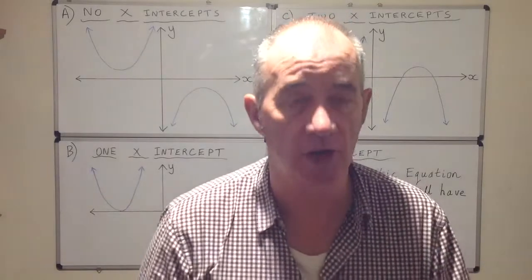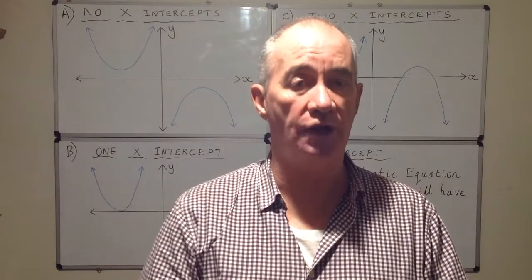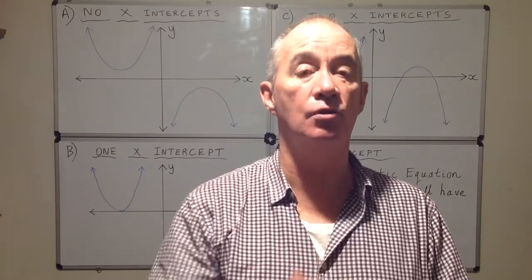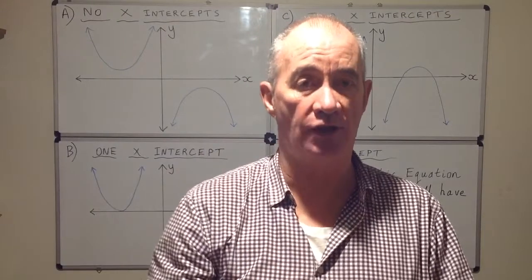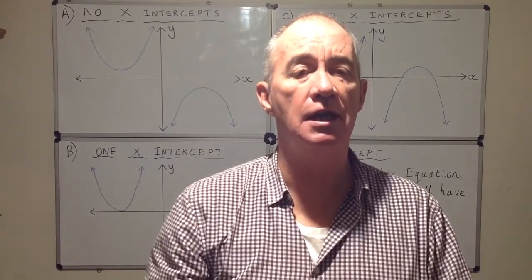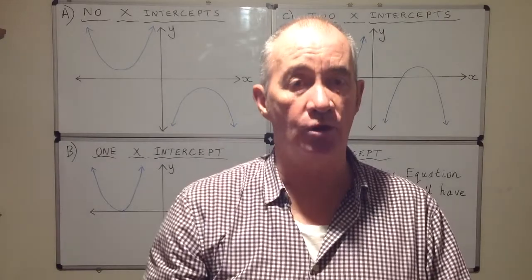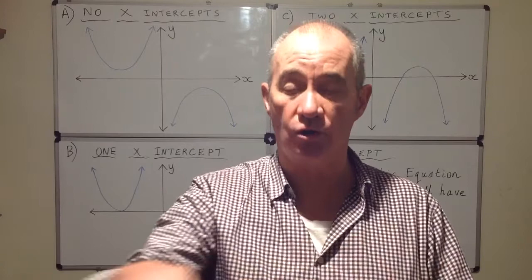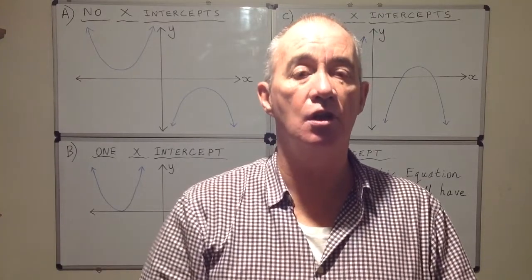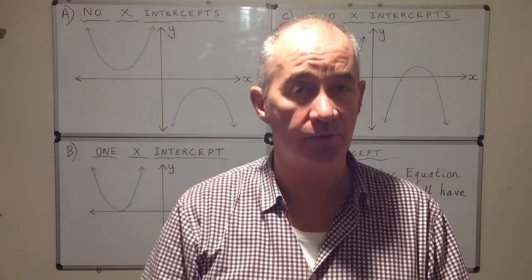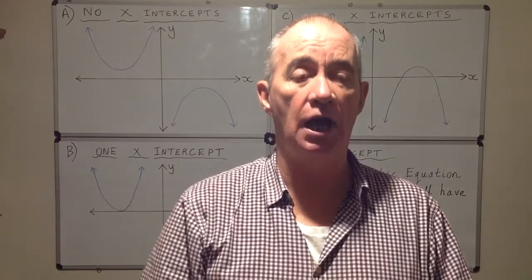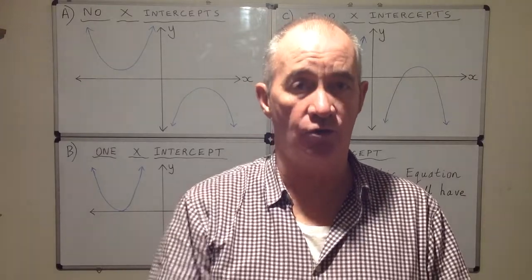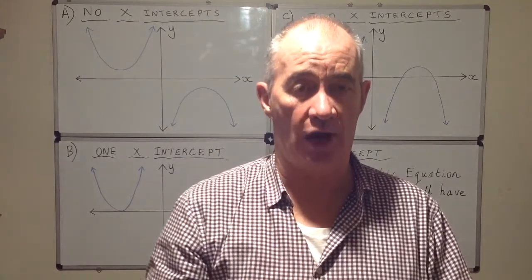The y-intercept or y-intercepts for the graph of an equation are the points where the graph cuts through the y-axis, being the vertical axis.